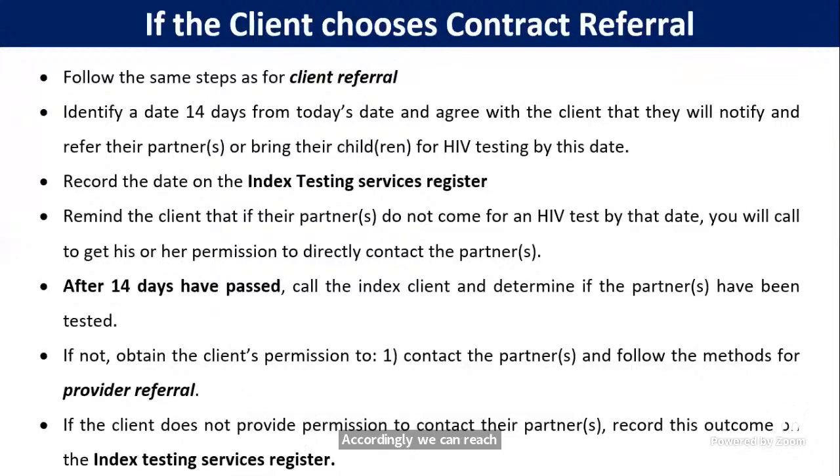After that period is over, we need to reiterate the importance of getting their partners tested, and how that will be beneficial for them to get linked to treatment or prevention services. And again, you can offer them different modes of reaching out. It can be client referral or provider referral or dual referral, whatever way they are confident in. Next, please.